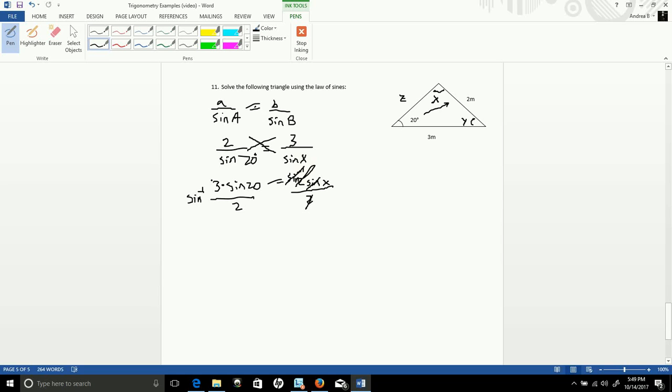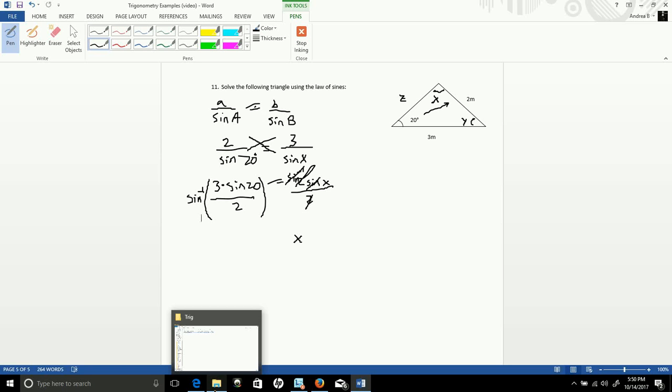And then it's a matter of going through and getting all of this entered into your calculator. Depending on your calculator depends on exactly how you'll enter that in. So if you do get stuck and have questions on how to enter any of this, make sure that you're asking in class, because it varies depending on what type of calculator you have. So we'd have inverse sine of 3 times sine of 20 degrees, divided by 2.